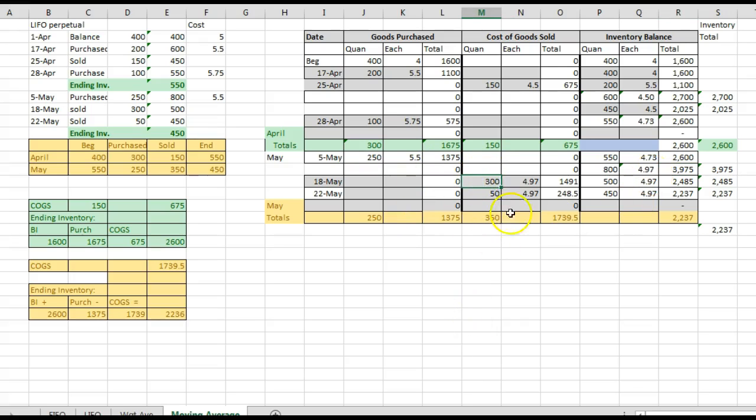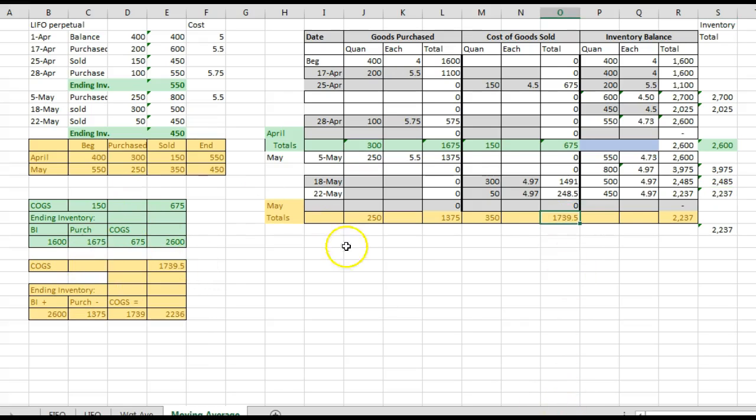So we sold 300 at 497, so I subtract that and subtract that. Then we sold 50 at 497, so I subtract that, so that leaves me 450 in inventory times 497, and I have an ending inventory of 2237, and I have a cost of goods sold of 1739.